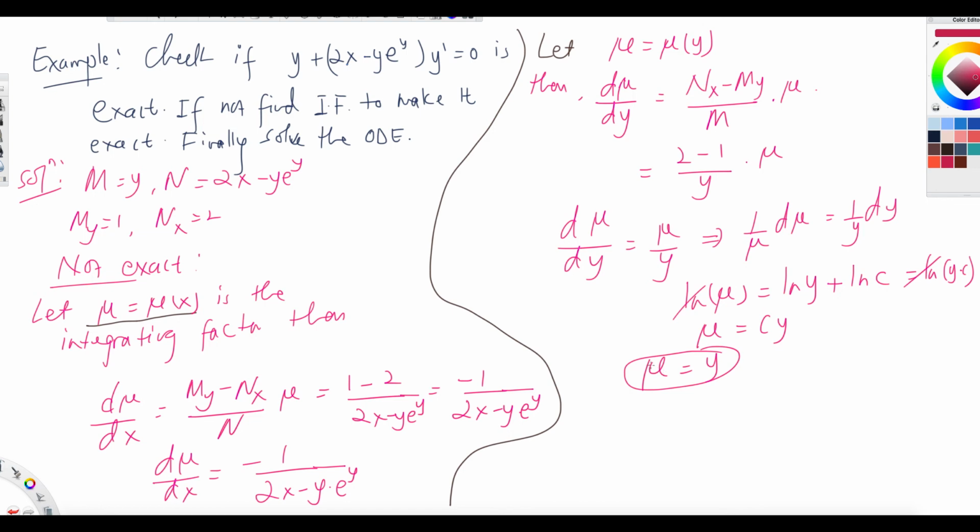Now what we want to do next is multiply the whole thing by that integrating factor and then use the exact method to solve. So next, multiply the given ODE by mu equals y. So what do you get if you do that?